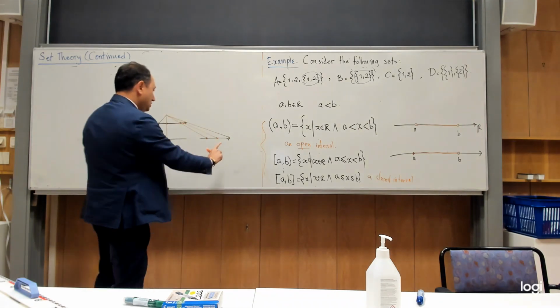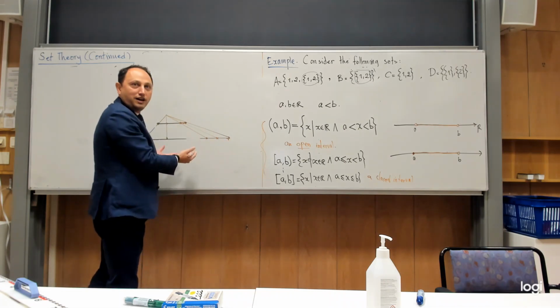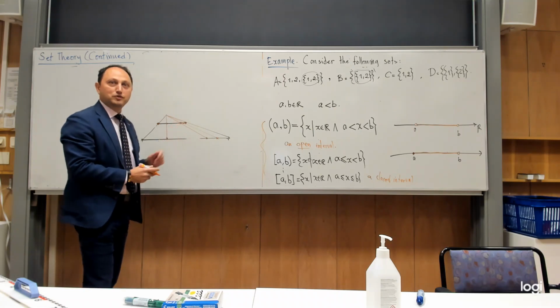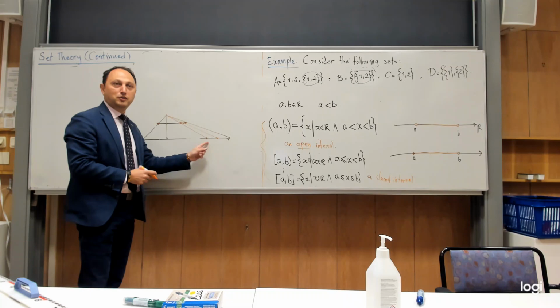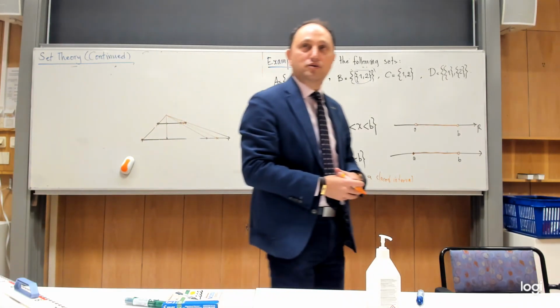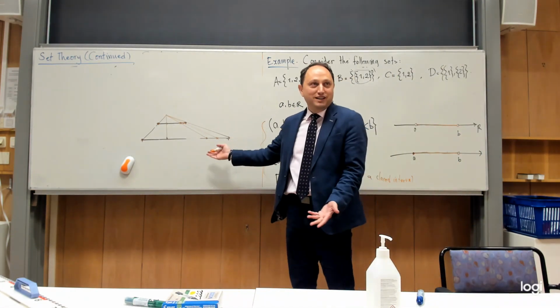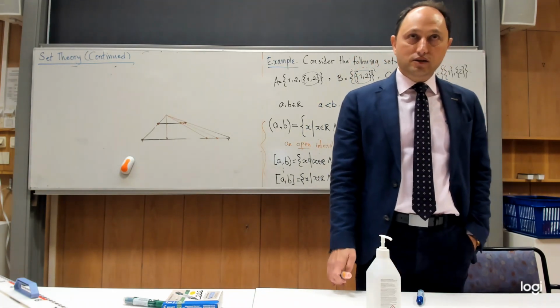So you were feeling that this should include more points, but this is not the case in reality. For every point here, I exactly associate one single point from here, and for every point here, I associated one single point from here. So you have to admit that they contain exactly the same number of points. If you don't admit that, you need to show me which point is without any partner. And this doesn't work. You understand me?